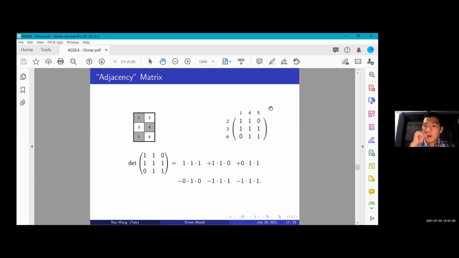Because in any pair of adjacent cells, one of them is black and one of them is white. We would never face a case where both of them are white or both black. We never face that. So this kind of explains the adjacency matrix here. Okay. So does anyone have any questions on this adjacency matrix? How we form it?